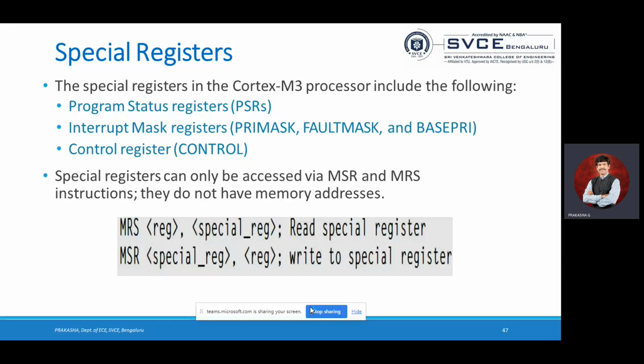MRS, and first we give the general purpose register, comma, the special register. The syntax is like this. MRS is the instruction and there are two operands: the first operand is the register and the second operand is the special register.